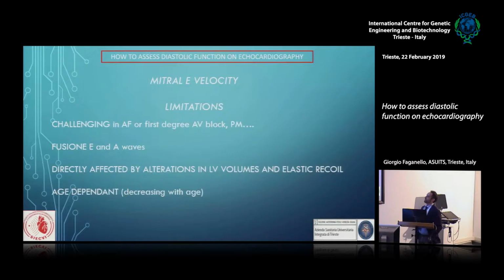Limitations of the pulse wave Doppler. Well, it is challenging if you have atrial fibrillation or first degree AV block, pacemaker, ICD, and so on. Everything that affects the rhythm of the heart. Also if you have fusion of E and A waves, which sometimes happens, especially in humans, if the heart rate is very high.